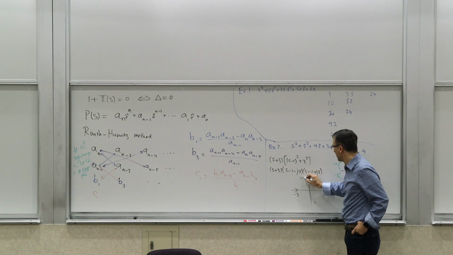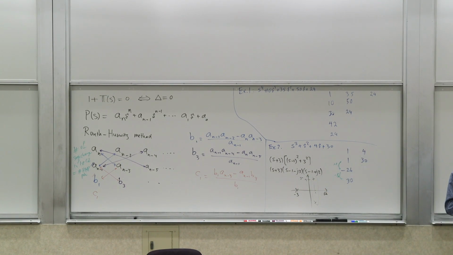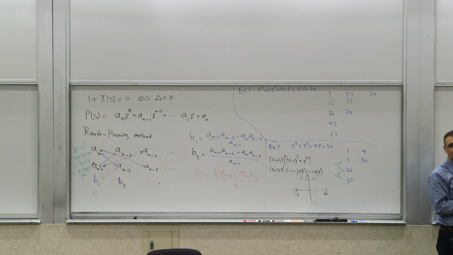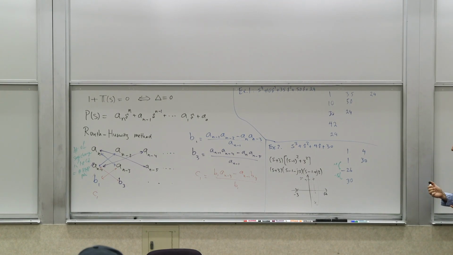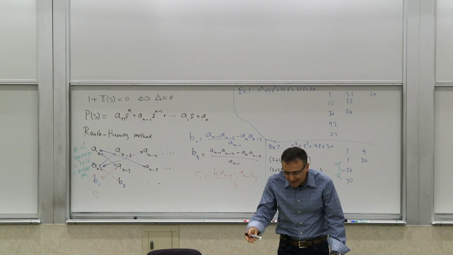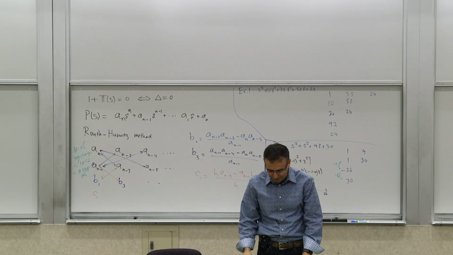So you have a pair of right half plane poles in this case. You should not be fooled by the fact that these coefficients are all positive, because you can get a situation where you have poles with positive real values. Routh-Hurwitz is an interesting thing, more of a historical thing, and it can be useful in certain applications.